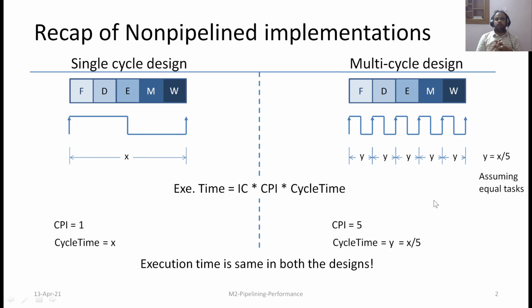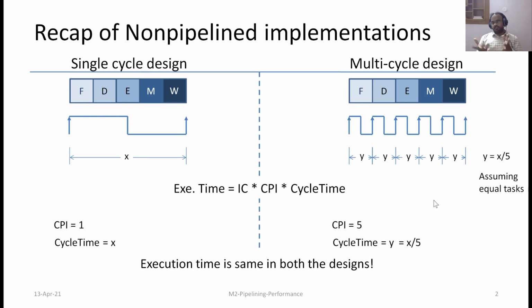So, a quick recap of the non-pipelined implementations that we saw in the first half of this module. We had two possible designs, which is single cycle design and multi-cycle design. And if we assume that all the tasks are equal, typically the execution time of single cycle design and multi-cycle design is same.